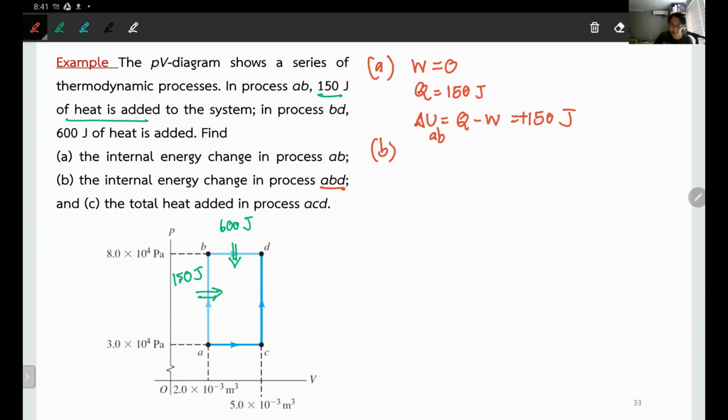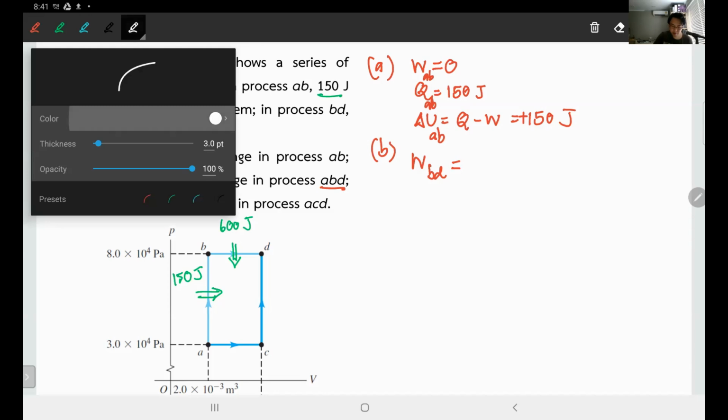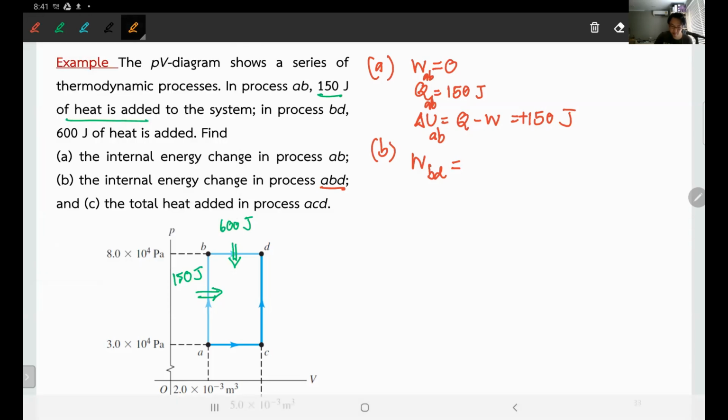You can put a subscript on anything if you want, just to distinguish between sections. From B to D, we're going to do the same thing. We start from the work because that's the easiest one to get to, just the area under the curve. Let me use a different color here. That is just the rectangular area underneath the BD line.